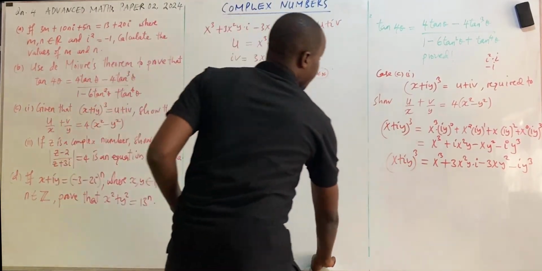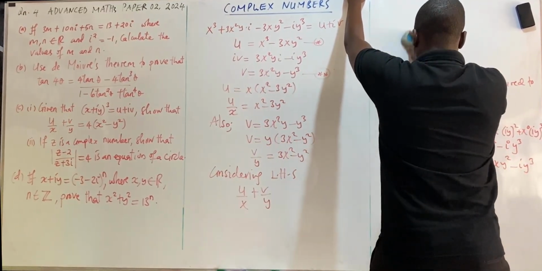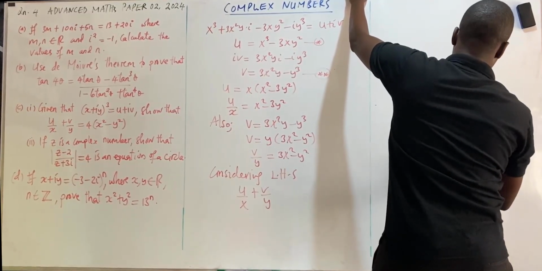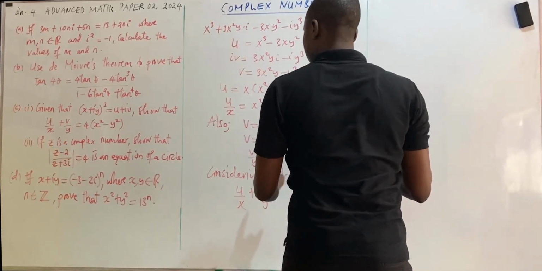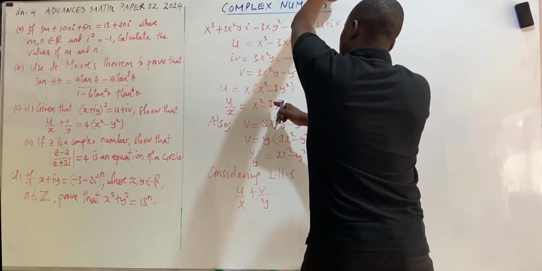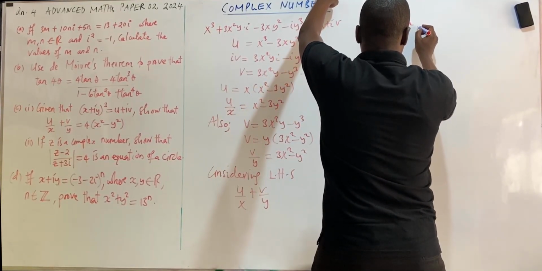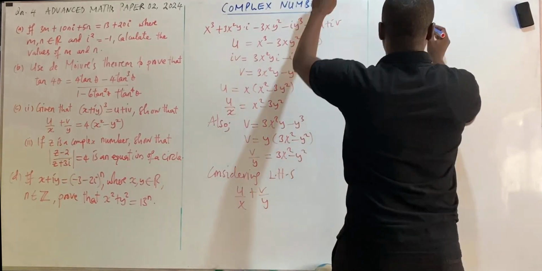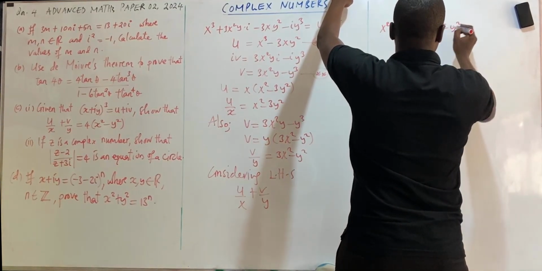So from there, we can proceed. So u over x, we put its value, that is x squared minus 3y squared. Now we add, because here is u over x plus v over y, which is x squared minus y squared.